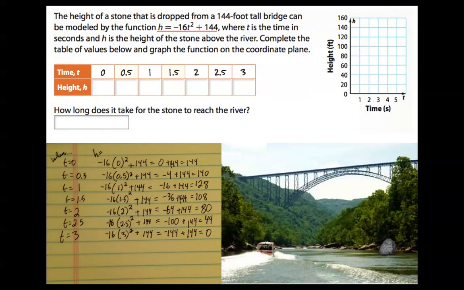So after no time, the height was 144. That makes sense because the bridge is 144 feet tall, and if no time has passed, then it's still sitting at the top of the bridge. Once time starts to pass, it's going to start falling.